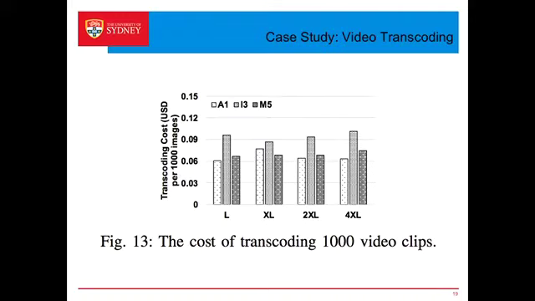This figure presents the cost of transcoding 1,000 video clips on different instance types. The I3 product family has the highest transcoding cost. The A1 product family has some modest cost saving as compared to the M5 product family.